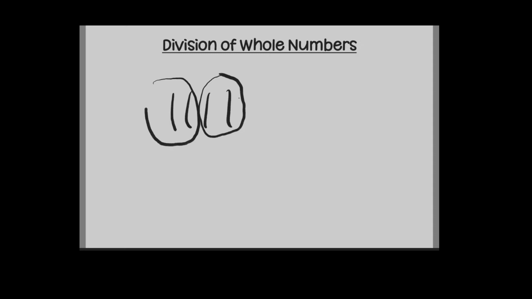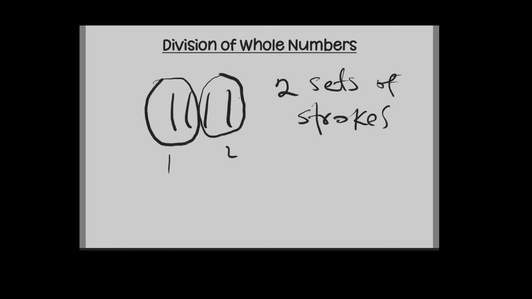So now I have 1, 2. So I have 2 sets of strokes. That's what division is actually saying when we say 4 divided by 2: how many sets of 2s can we find in 4?